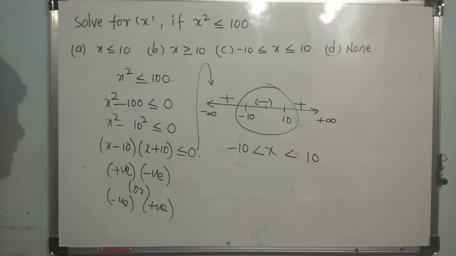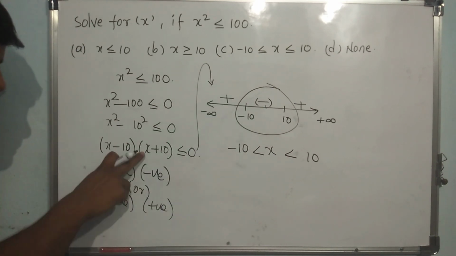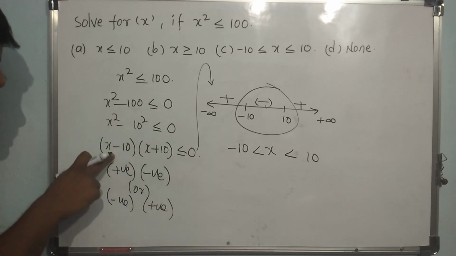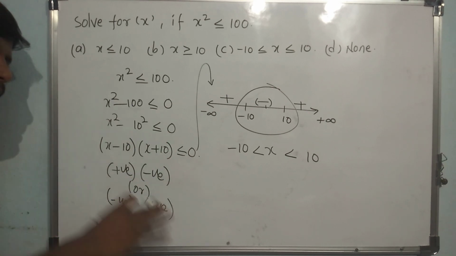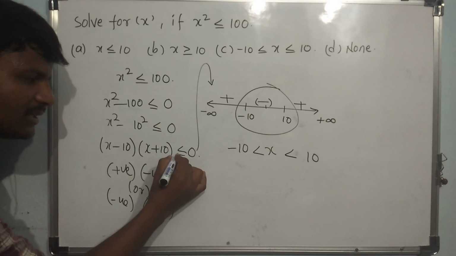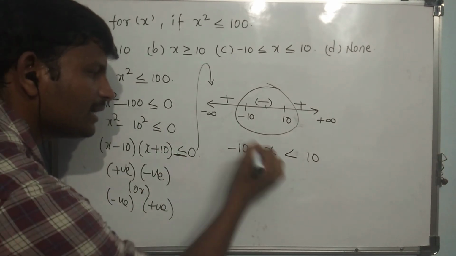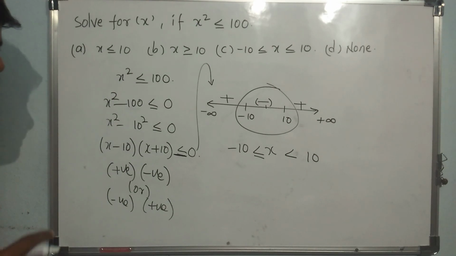And what about equal to minus 10 and equal to plus 10? If I take x equal to minus 10, this becomes 0, and 0 into anything is 0. The or equal to symbol is there, right? So it will be satisfied, and I can take or equal to.